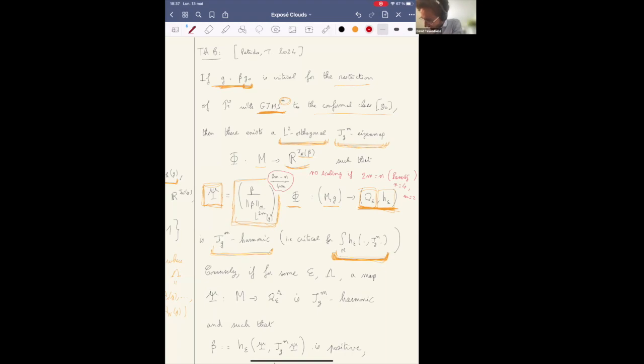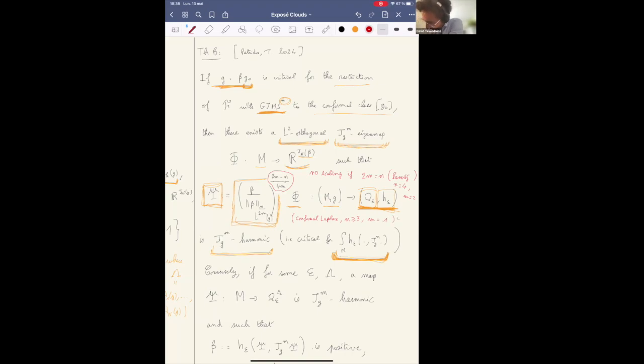And interestingly, in the case of the conformal Laplace, which is also a particular instance of GJMS operator, it's a perturbation of the Laplace-Beltrami operator.